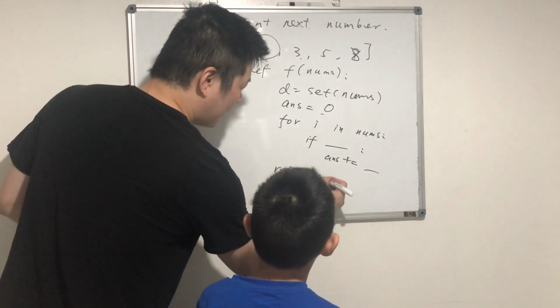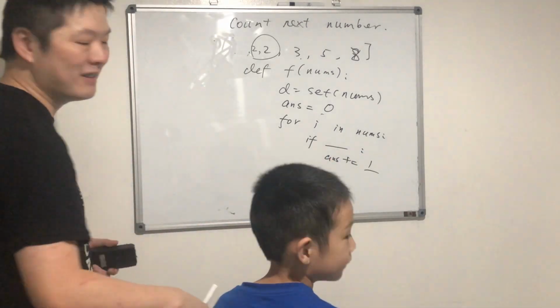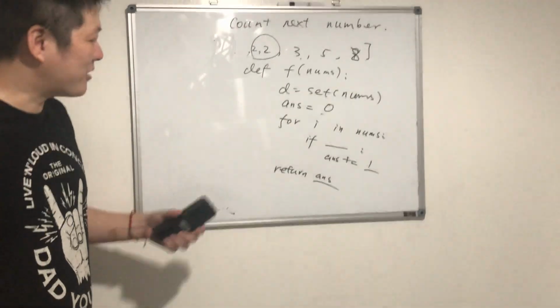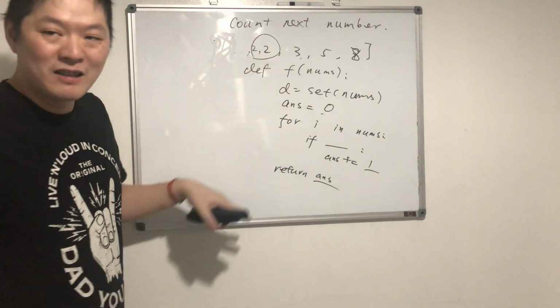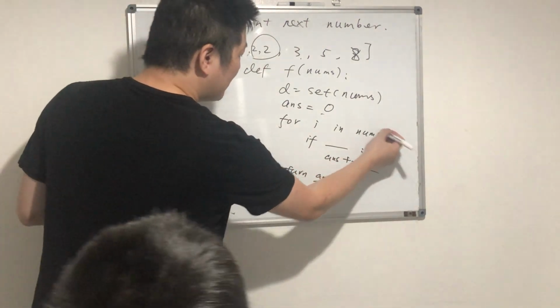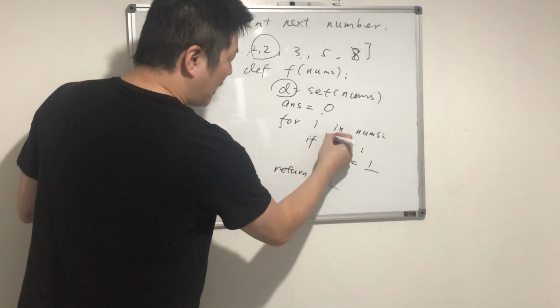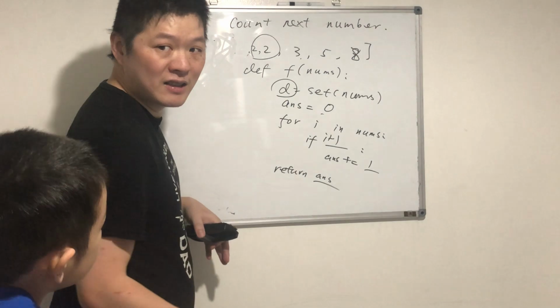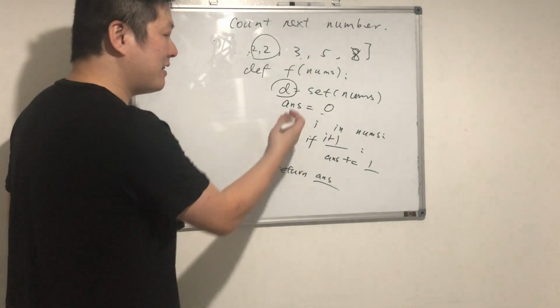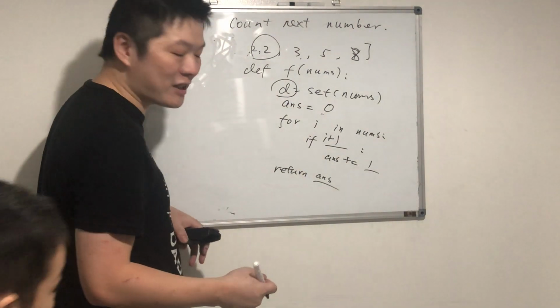Yeah. 1. Okay? And we want to check if next one. Next number is in the nums. I, D. I plus 1. Right? Next number is in the dictionary, in a set, in a notebook.